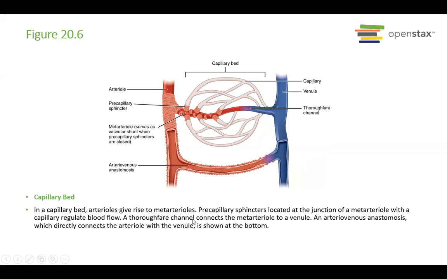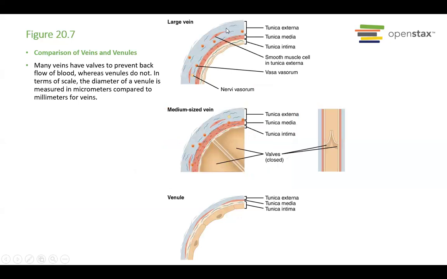A thoroughfare channel connects the meta-arteriole to a venule, and an arteriovenous anastomosis directly connects the arteriole with the venule. This is your tunica externa, that's your tunica media, and that is your tunica intima.